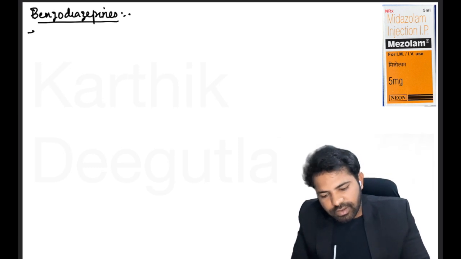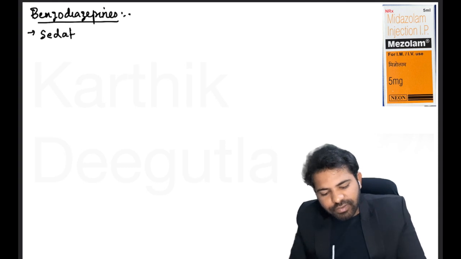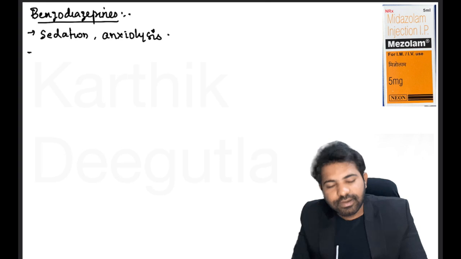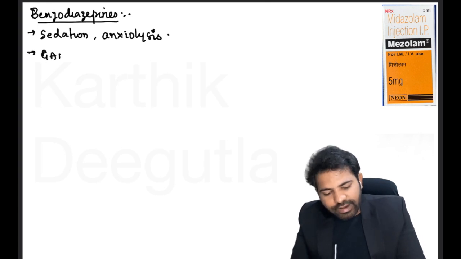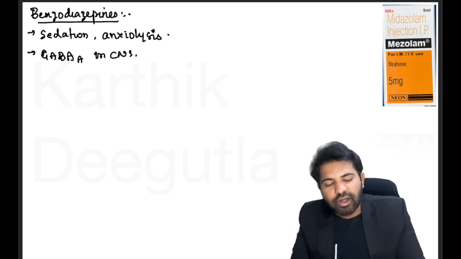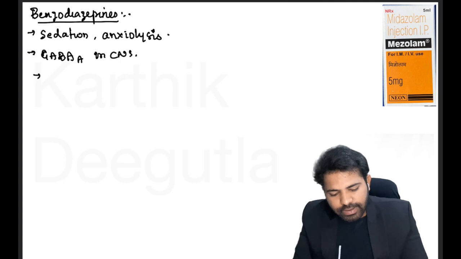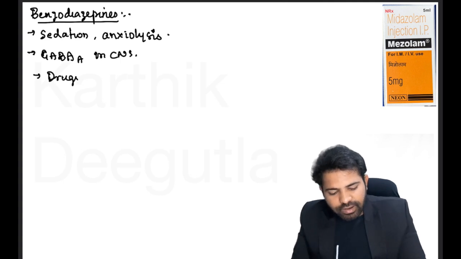Benzodiazepines are used for sedation and mainly anxiolysis, for relieving the anxiety of the patient. They act on GABA receptors in the CNS. They are not commonly used for induction of anesthesia, but they are used for anxiolysis and sedation. Clear?